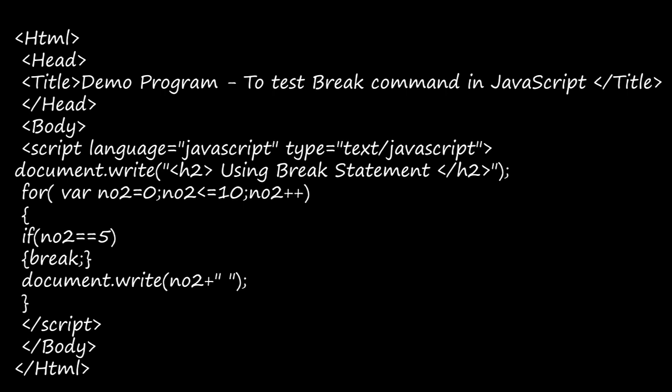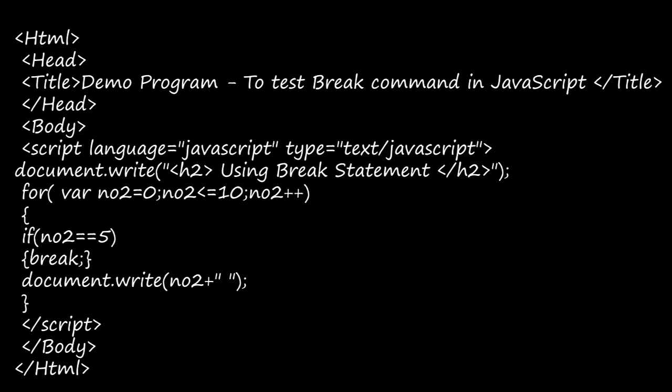And then next one is the for loop. For variable no2 equal to 0, the variable is declared and initialized there, and the condition is no2 less than or equal to 10. And then no2 plus plus, so here we are using the increment operator, right?